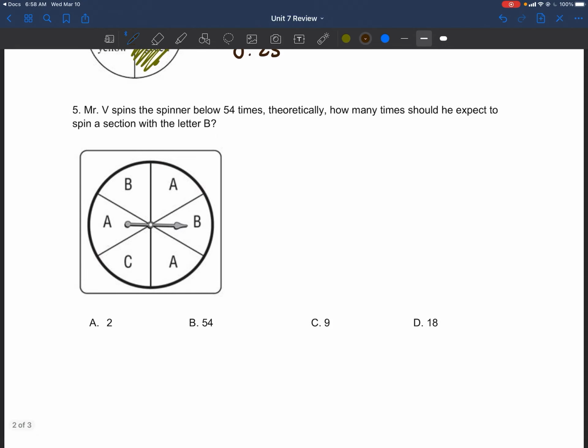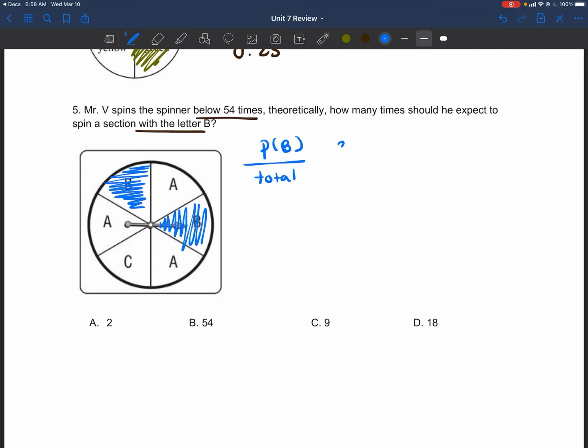Number 5. It says Mr. V spins the spinner below 54 times. Theoretically, how many times should he expect to spin a section with the letter B? So, let's see how many B's we have. 1 and 2. So the probability of getting a B over the total.